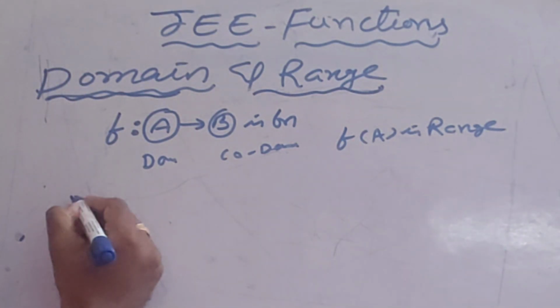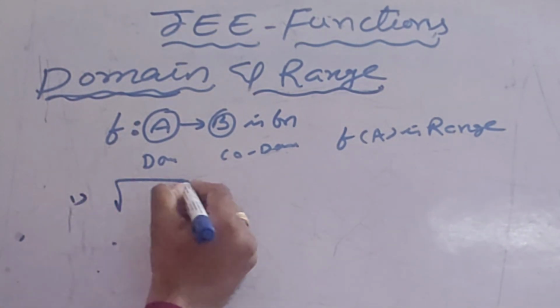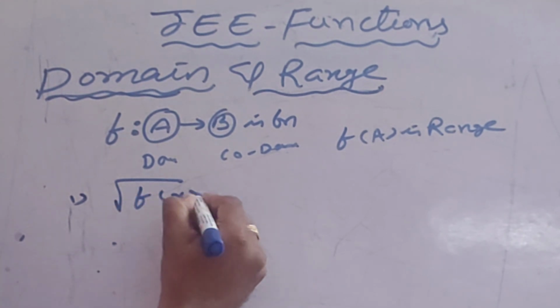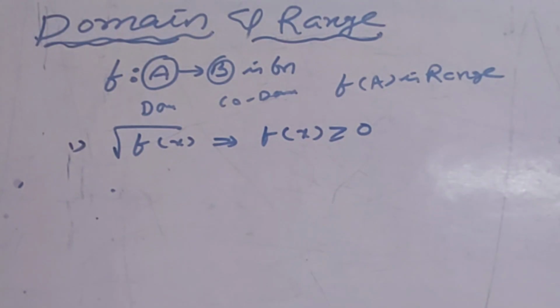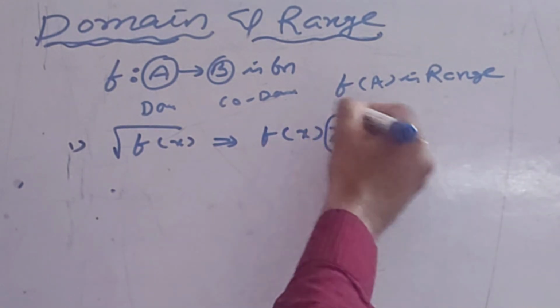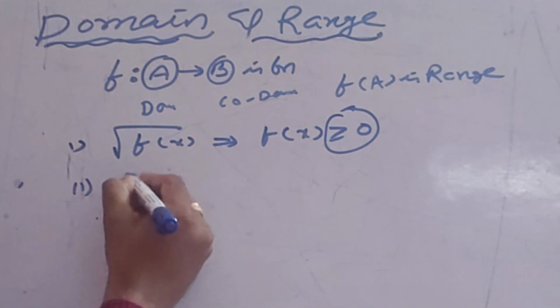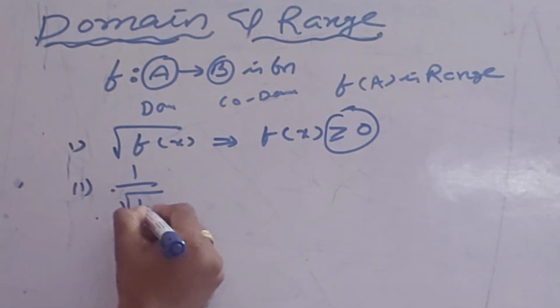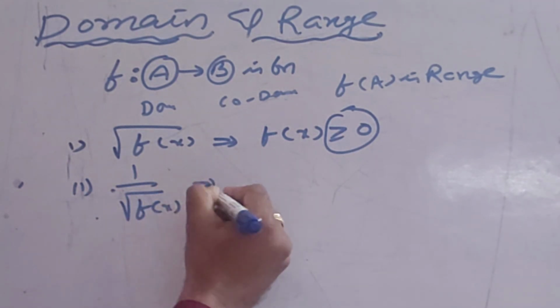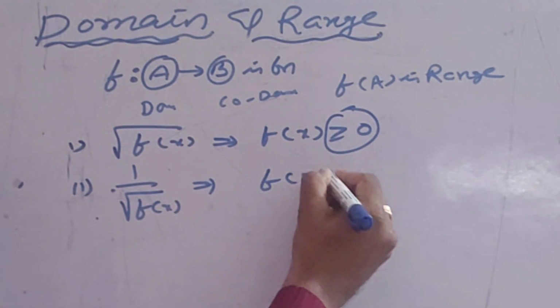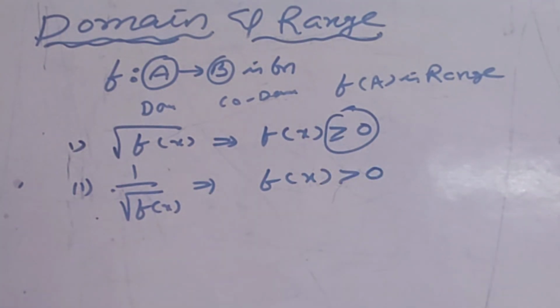The first formula: the root function is defined when the expression is greater than or equal to 0. This is the most important area. Second, the one-by-root function is defined when the function is greater than 0.